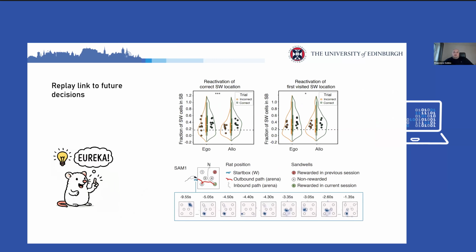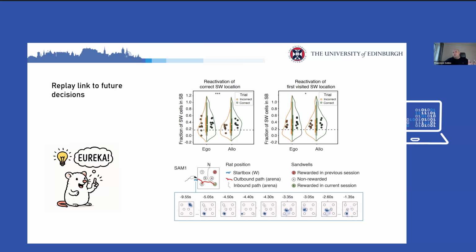So we then went on to see how this reactivation is linked to future decision, and indeed, again, we found that in the start box we had a higher reactivation of cells corresponding to the correct sandwells, but that was only in trials where the decision was correct, and not in trials where the animals made a mistake and went on to the wrong sandwells.